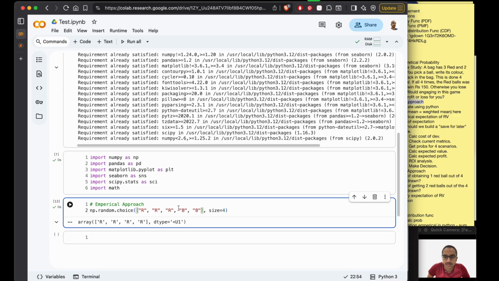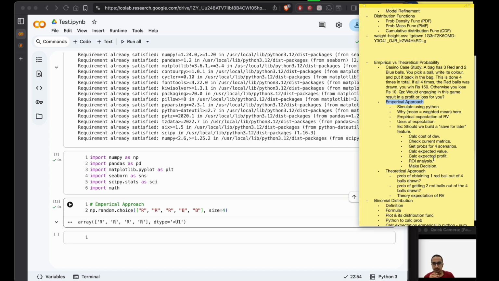And since once is not sufficient to capture this, to get the true probabilities, we'll simulate it multiple times to see what is the actual probability of getting 4 reds or 3 reds or 2 reds or 1 red or no reds at all.